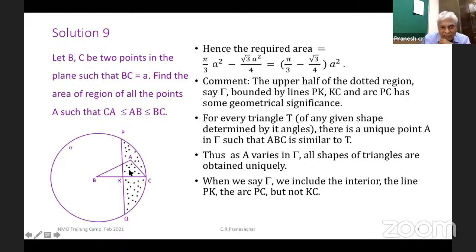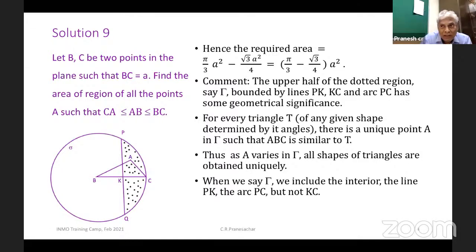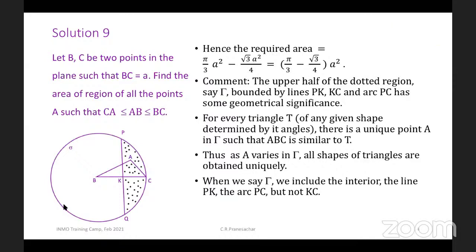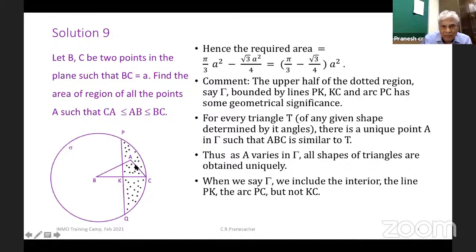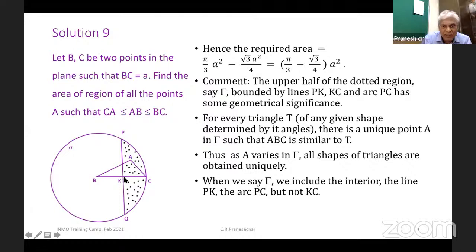Right now, I cannot say whether an obtuse angle triangle can be made. Sir, it can be made if we take AC as a diameter. No, A is much closer to KC. Obtuse angle triangles will be there. Yes, sir, there will be.